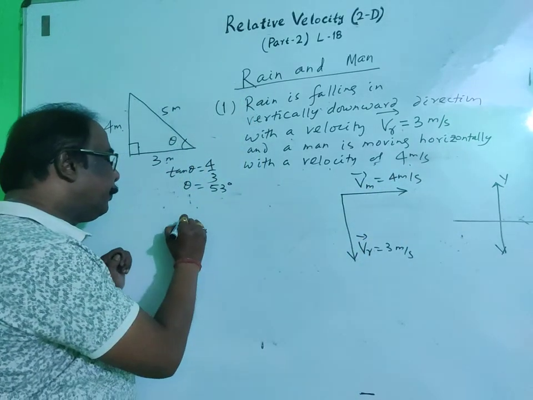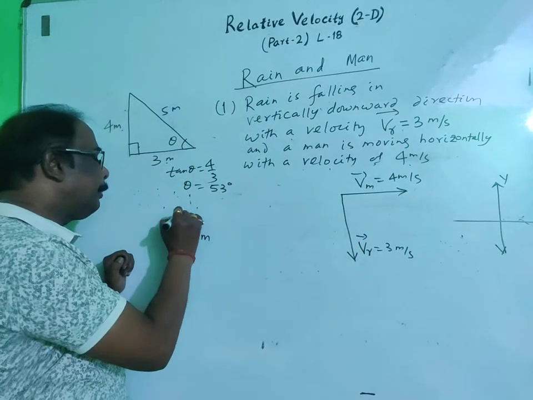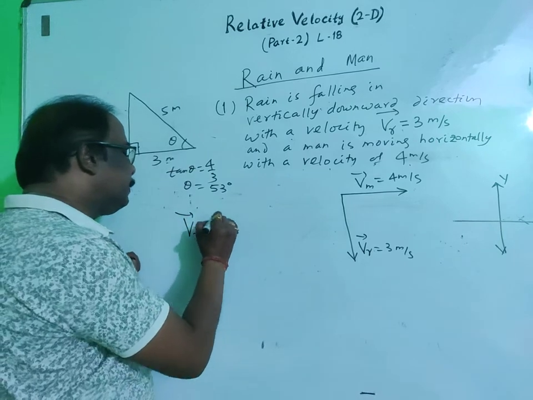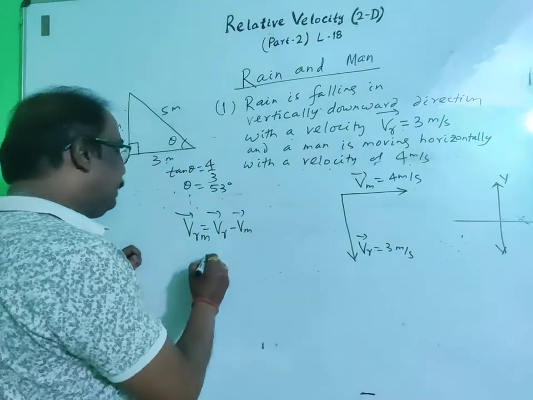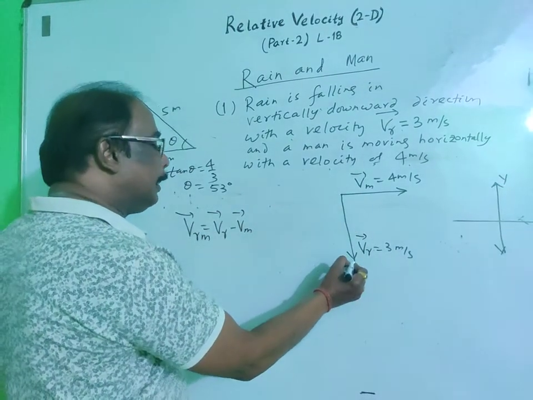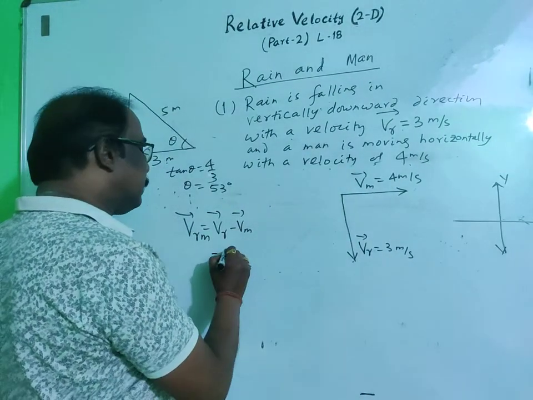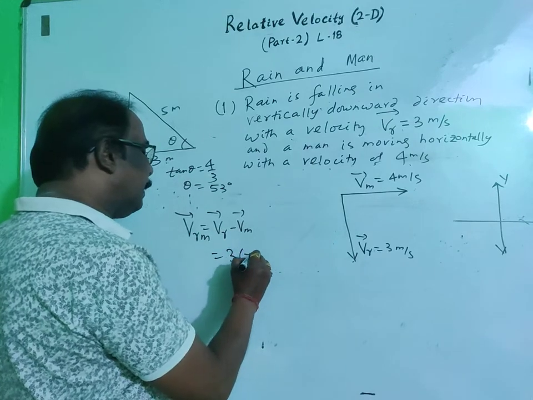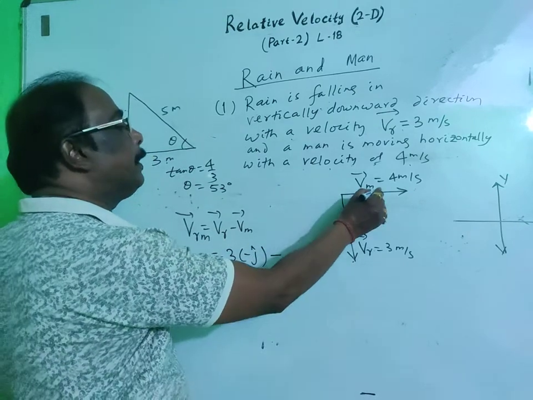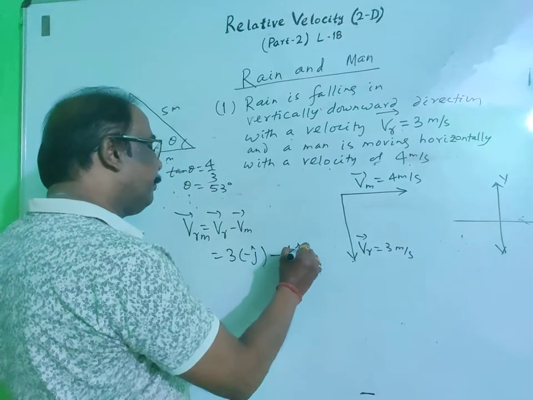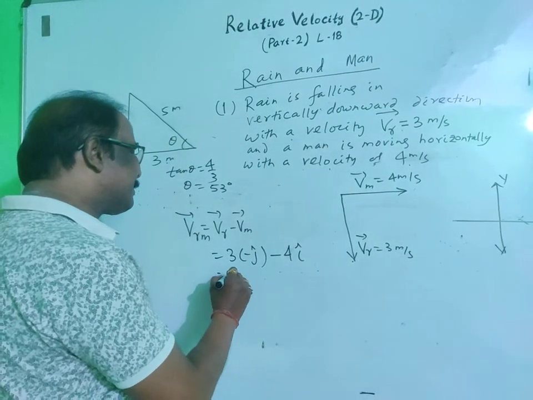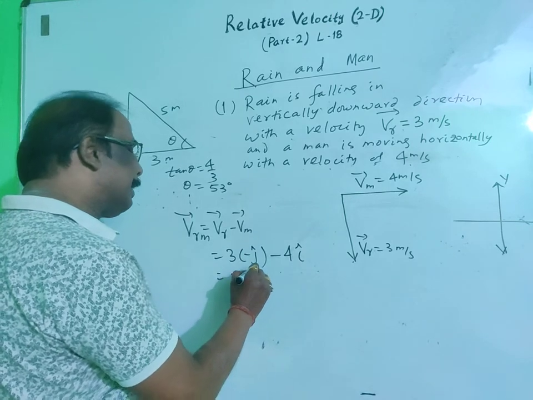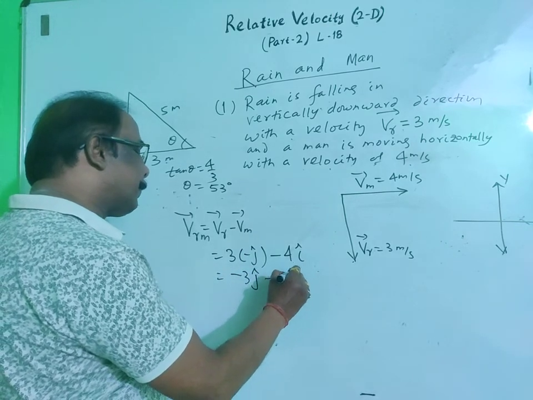And as we know, velocity of rain with respect to man is Vr minus Vm. Here Vr is along negative y-axis, 3 into minus j cap, minus velocity of man, 4 into i cap. Then this comes minus 3 j cap minus 4 i cap.